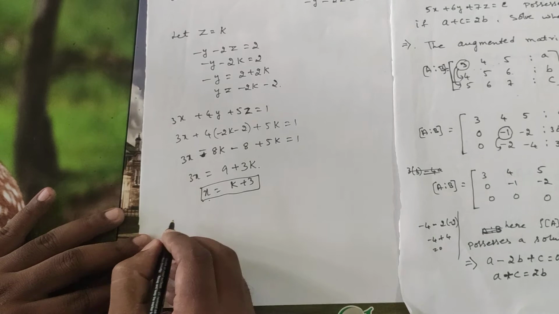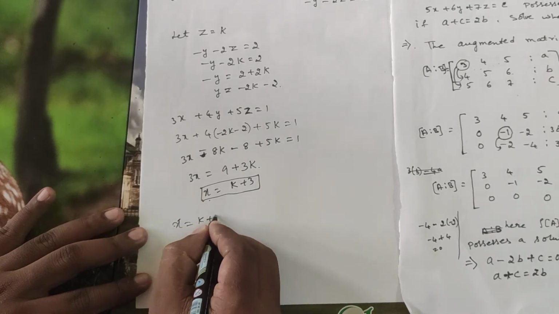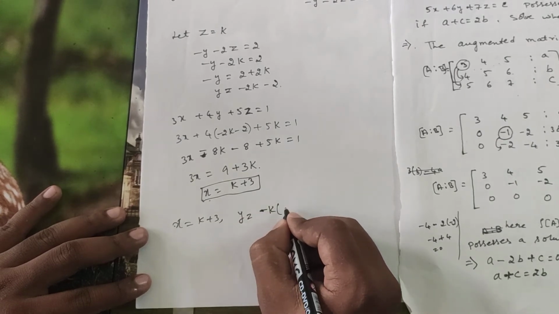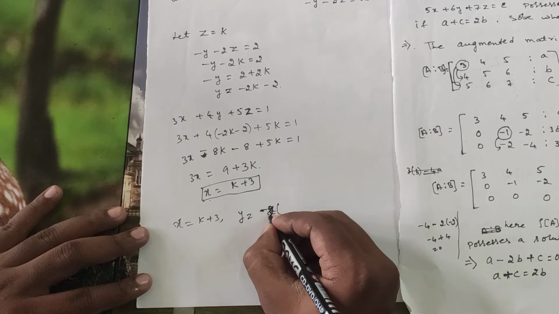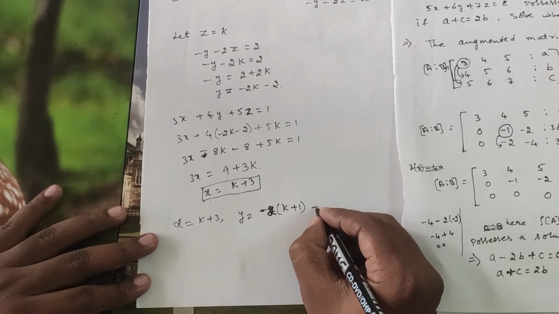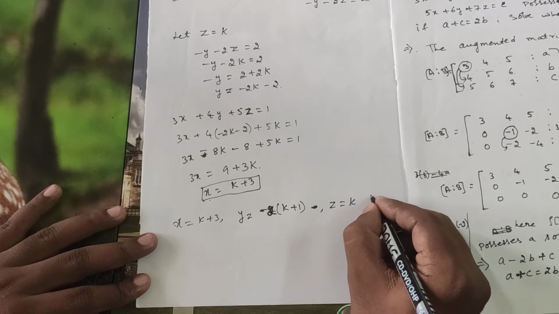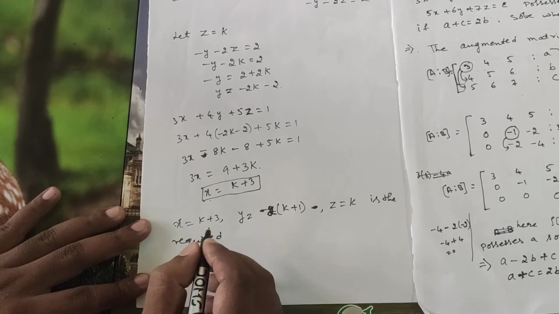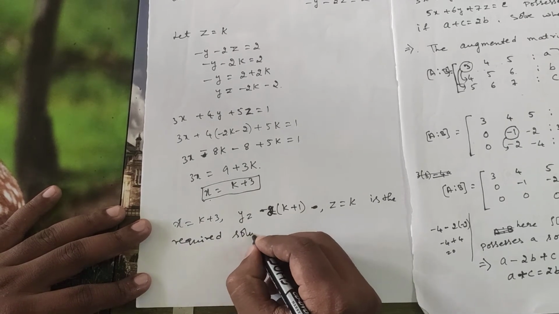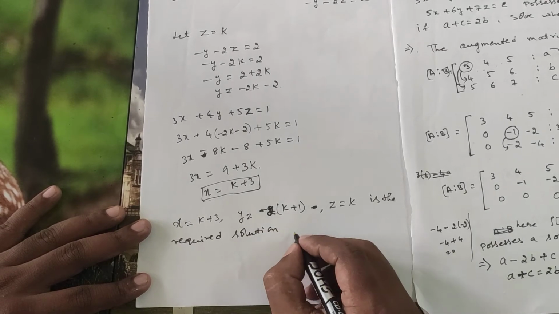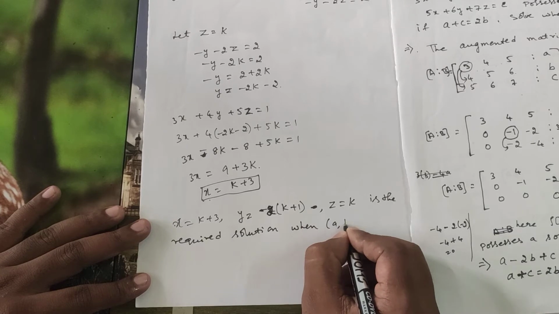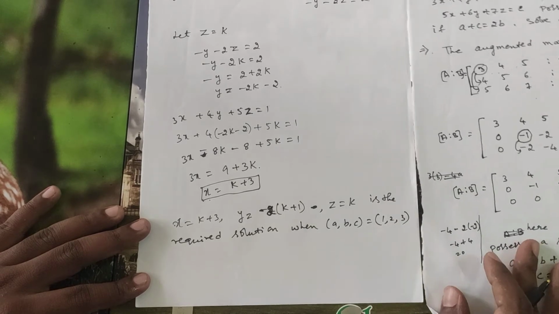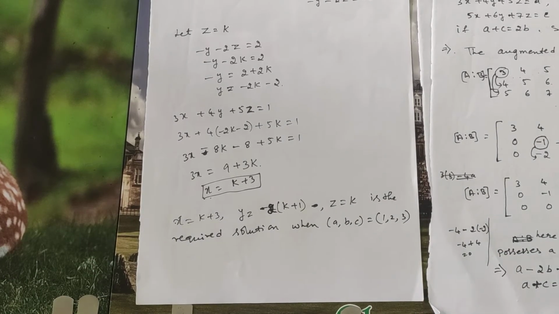So what are the required solutions? x equals k plus 3, y equals minus k common, taking minus 2 common, k plus 1, and here z equals k is the required solution, when a, b, c equals 1, 2, 3. Okay, you have to remember this one.